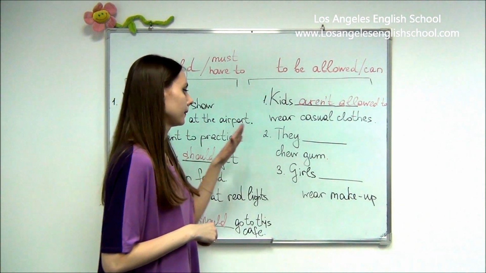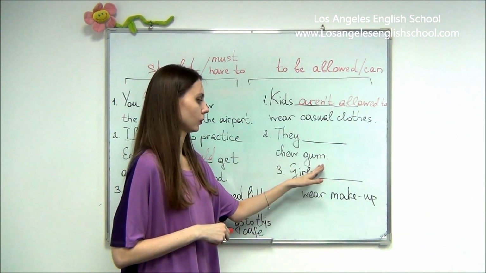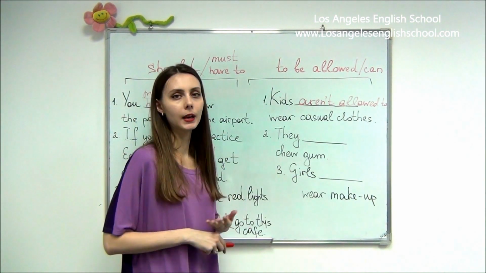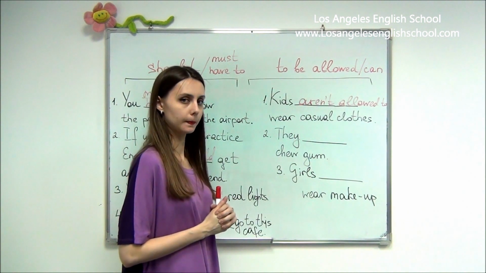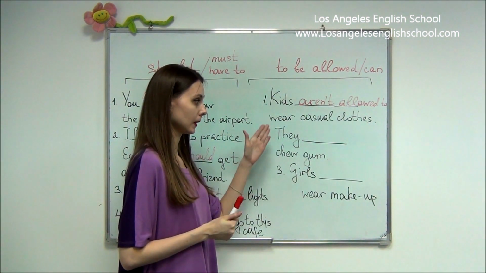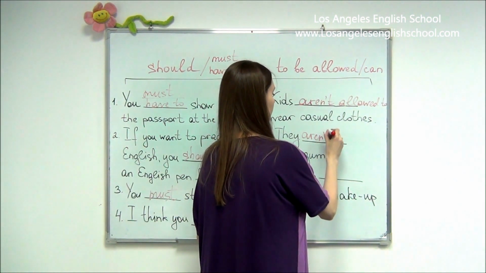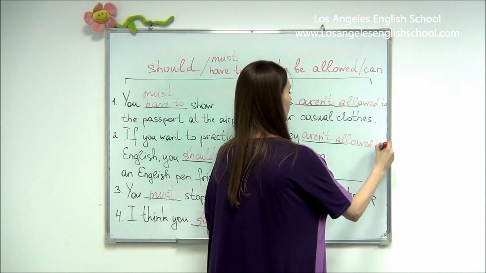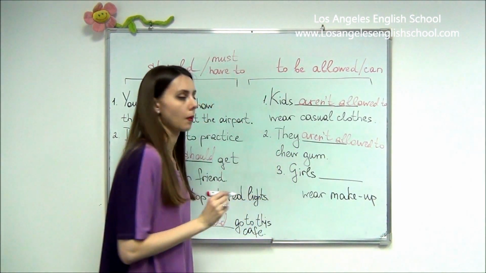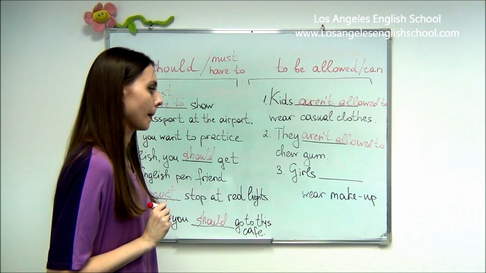The next: they chew gum. So you can say they can't chew gum, it's okay, but I would like you to say the same using to be allowed. So it's the same, yeah? They aren't allowed to chew gum. Could you repeat again, please? They aren't allowed to chew gum.